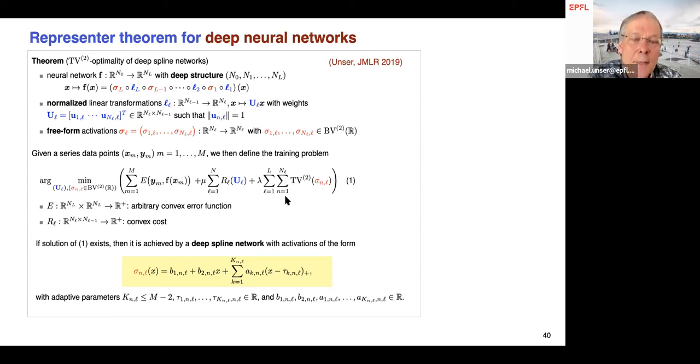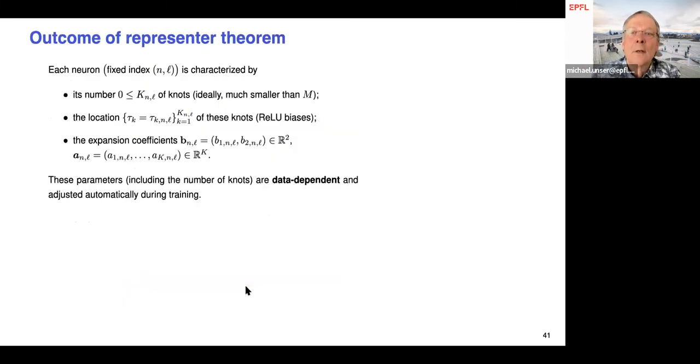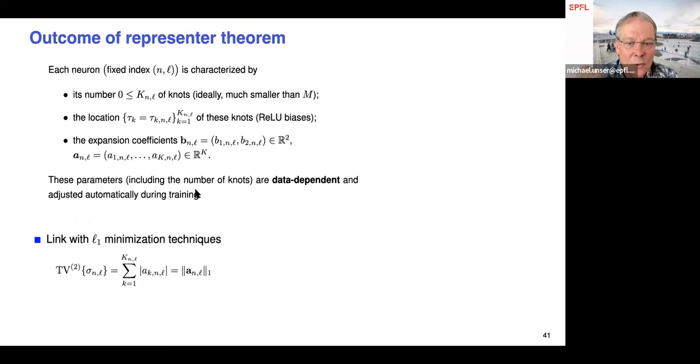And now the amazing thing is that we can prove that the solution of that problem ends up having nonlinearities that are splines. They are themselves splines, not just one ReLU, but a sum of ReLUs. And now what's the outcome of the theorem? Every neuron now has a certain number of knots. We don't know how many. This is the outcome of the optimization, with some locations and also some expansion coefficients. And all this is data dependent, automatically adjusted during training.